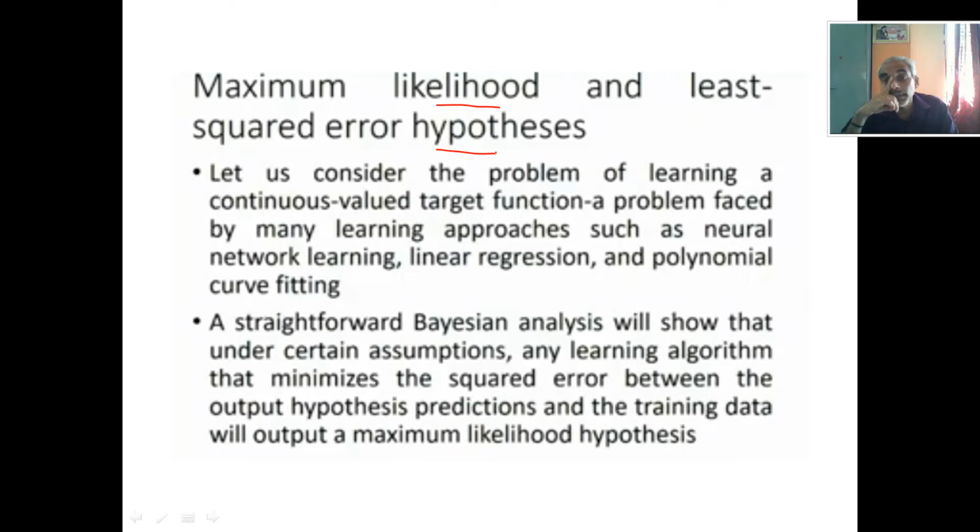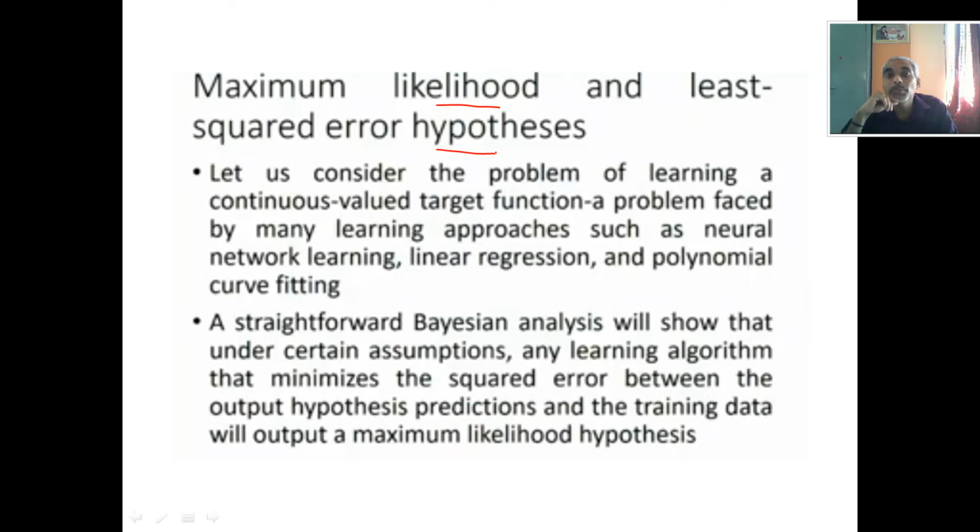We will understand the link between them. We have already discussed this in our previous section. From the maximum a posteriori hypothesis, we came to the maximum likelihood hypothesis. Now, how are we going to reduce that error? This concept we are going to understand here.